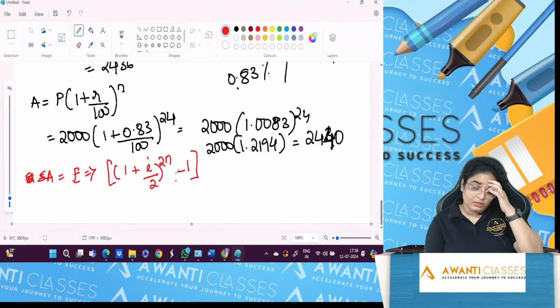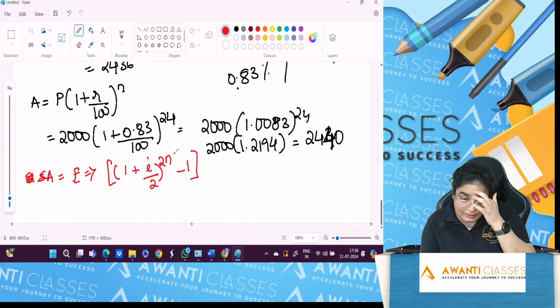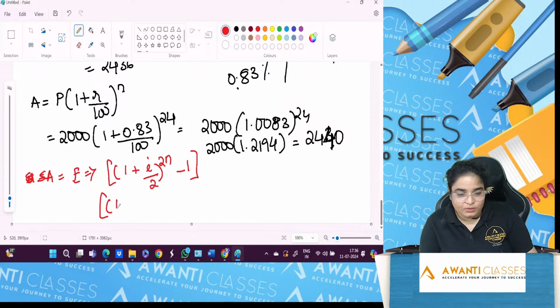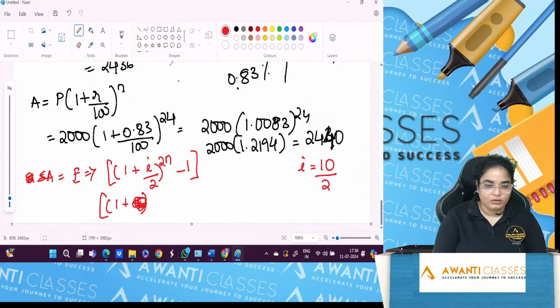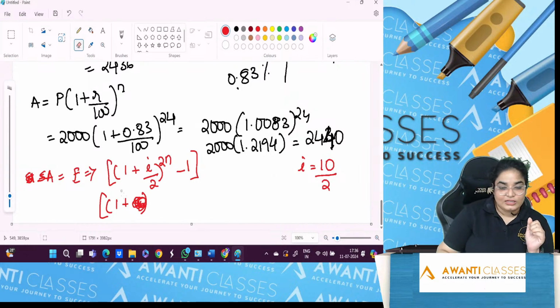Yes or no? Here the n is how many times per year? Correct, no? So, what is this? 1 plus I is how much? I was 10 divided by 2. So, this is I by 2. Sorry, I here has to be taken as a decimal.